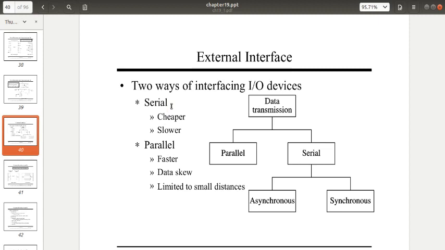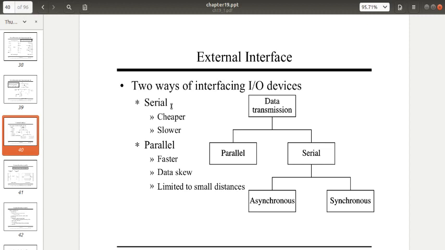There will be one line to transfer data from one device to the other, and another line for the reverse transmission. There will be some other lines also, but for data communication there will be one line from device A to B and another from device B to A.